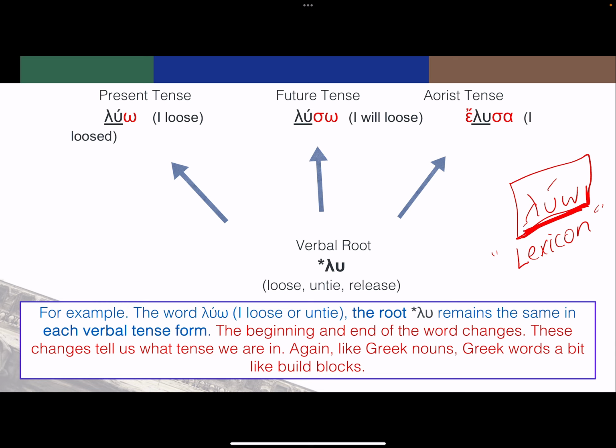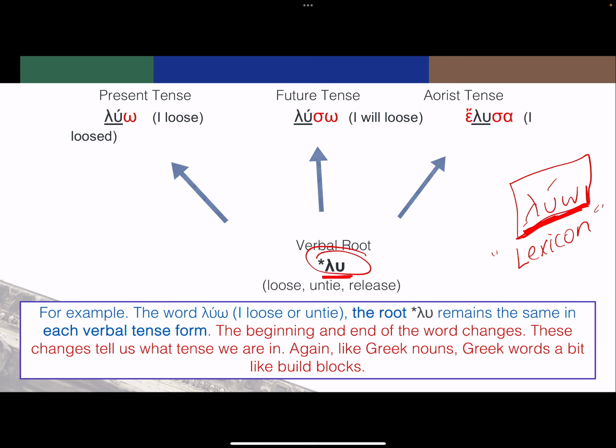Now, the verbal root, the part of the verb that sits as the very basic element of this verb, and then other things are added to it, is lu, lambda, upsilon.